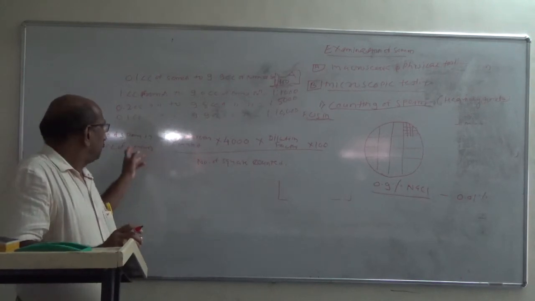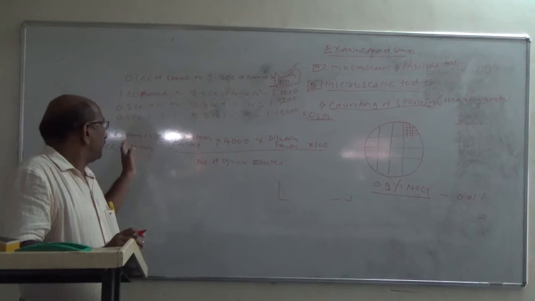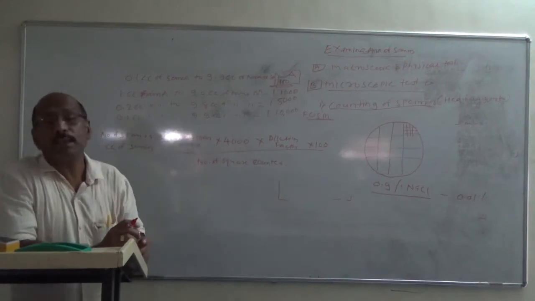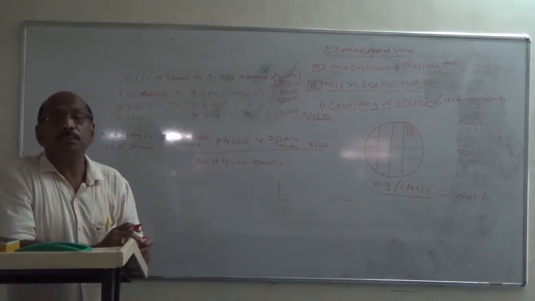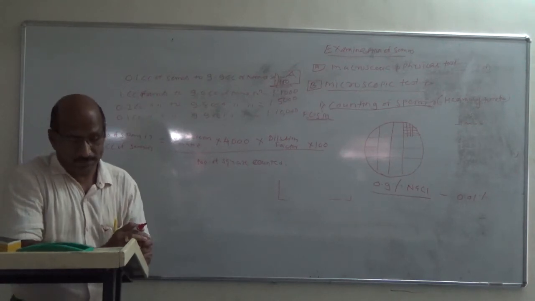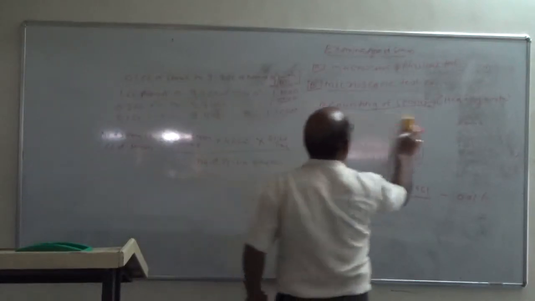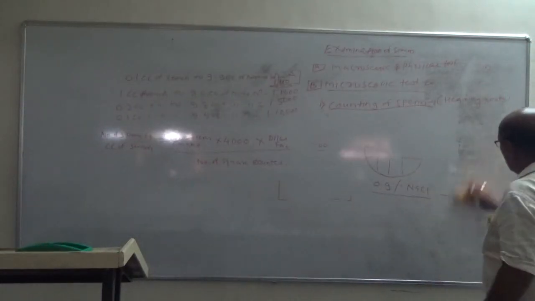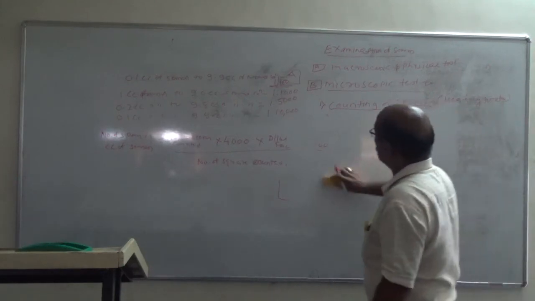With the help of the formula, we can determine the number of sperms in 1 cc of semen. So the first is counting of sperm by hemocytometer.